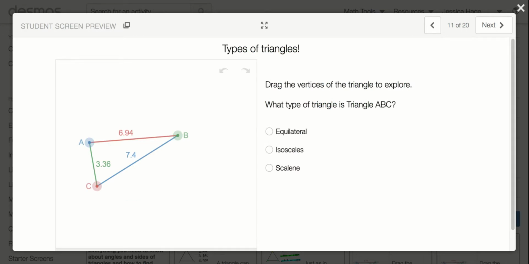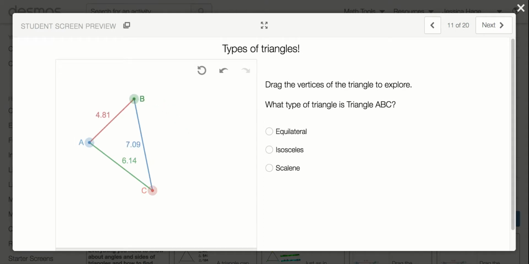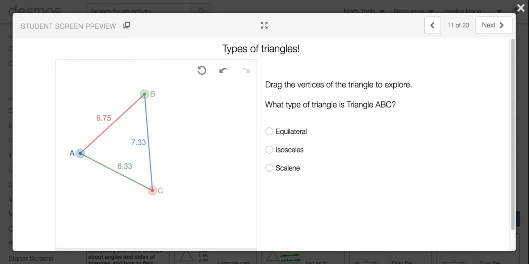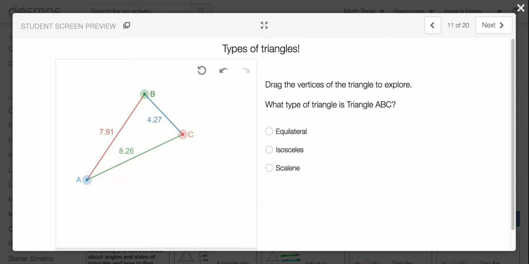Types of triangles. Drag the vertices of the triangle to explore, no matter how we move these. We don't have sides. I'm sorry, we don't have angles, we have sides. That's why these are our only choices. So we're not looking for acute or right or obtuse. We're looking at the sides here. All of these sides are different, so it's scalene.